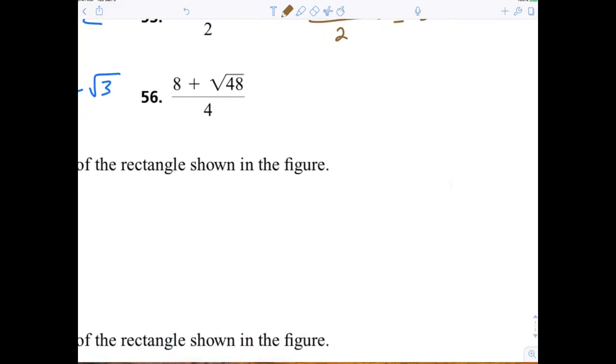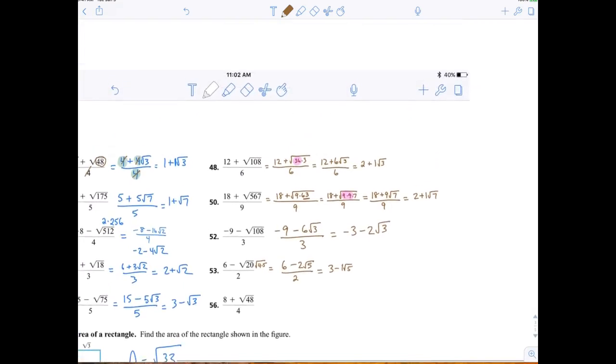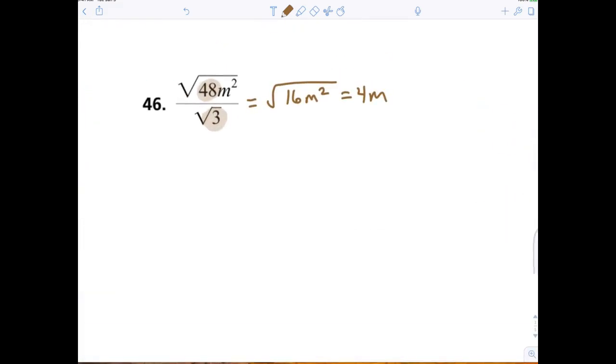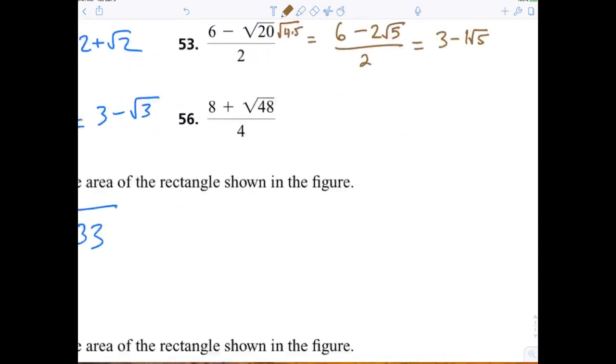All right, 48. What perfect square is in 48, guys? Look back up at your notes. I think we've done 48 before. Yeah. 16 times 3 is 48. So let's go back down now.